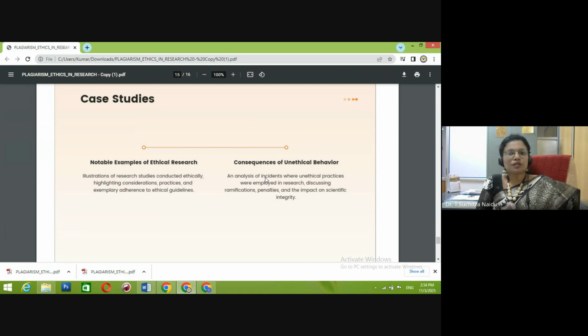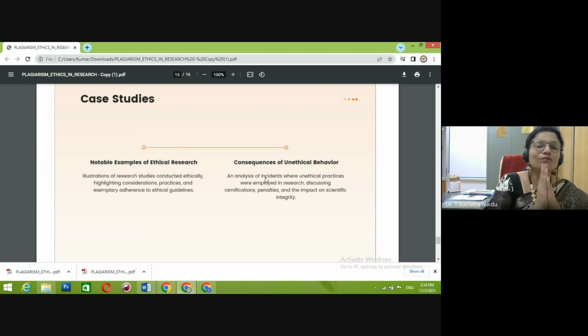So there are regulatory bodies, which are unbiased and open-minded, which go through all these things. And there should be reasonable monitoring during the process of research, whether the research is being conducted responsibly or not.